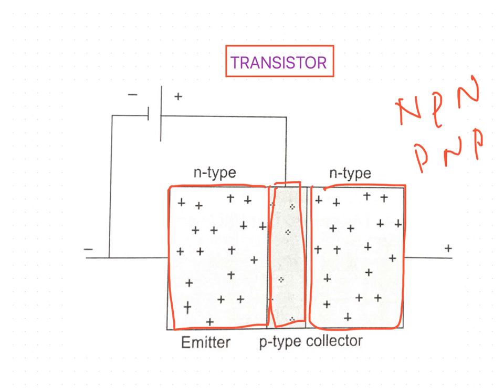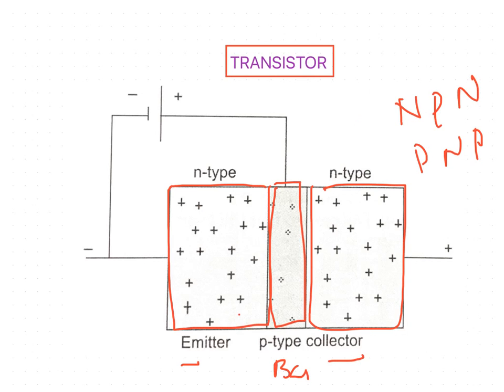So the transistor has three parts: the emitter, base and collector. Normally the N type on the left side is called the emitter, the other one on the right is called the collector, and the central P type is the base.